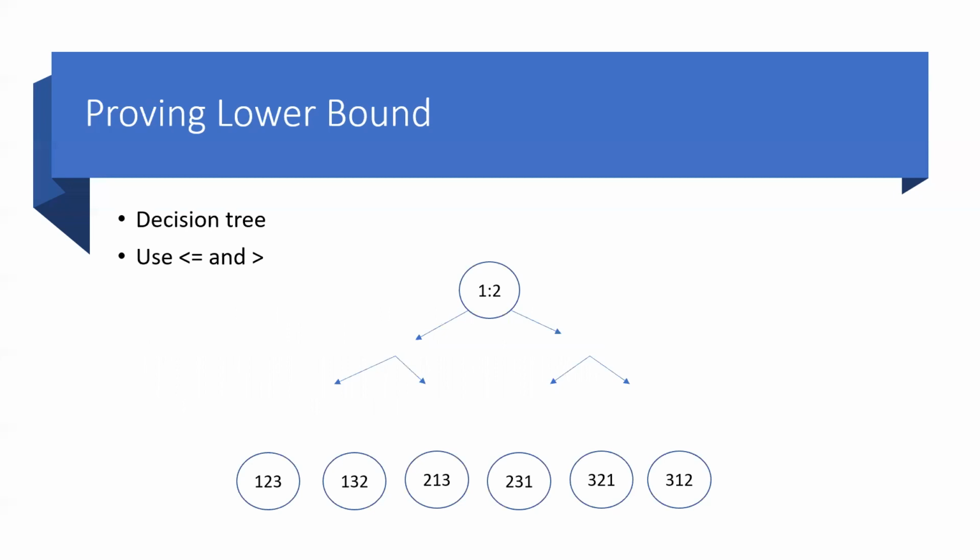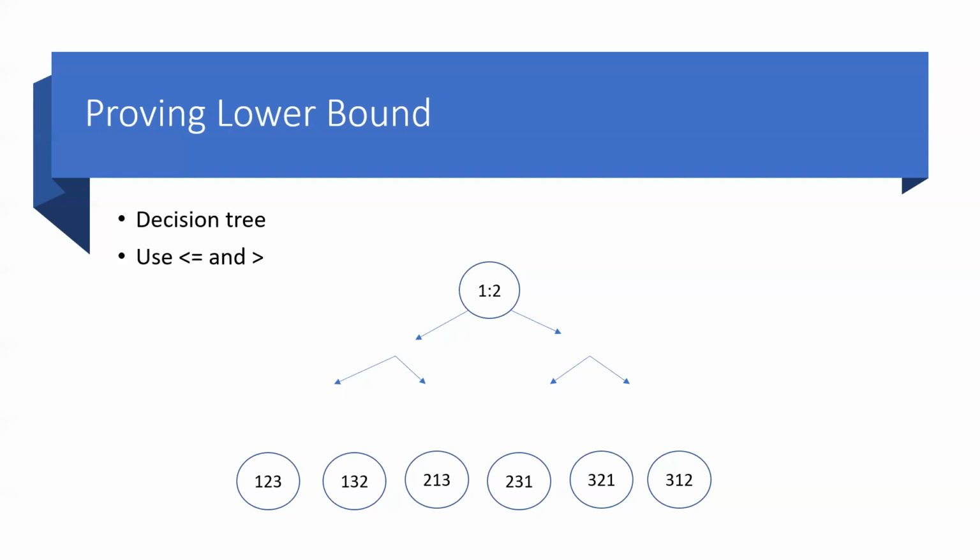So using a decision tree, we could put the array into the decision tree, and using greater than, equal to, or less than, we can have the leaf nodes be the permutations based on what order the array is in.